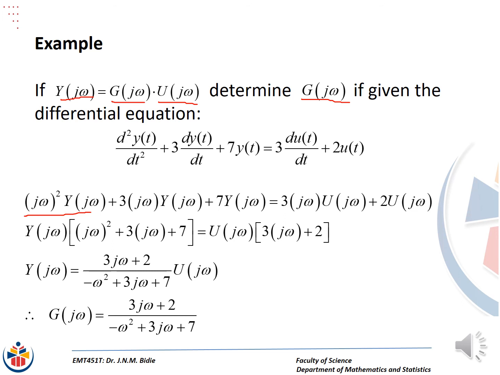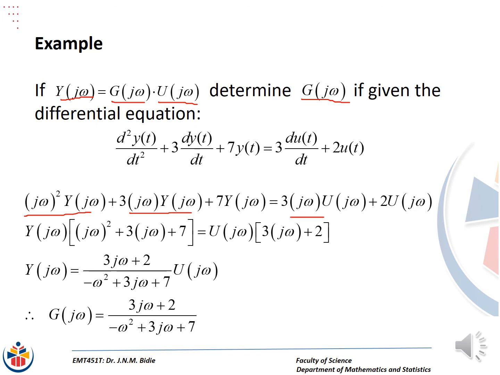The first derivative of y gives us j omega times the Fourier transform of y, and note that we have that 3, which is a constant. We do the same with the third term on the left, and then the same on the right hand side, recognizing the derivative giving us j omega times U(j omega), and the last one 2 times U(j omega).